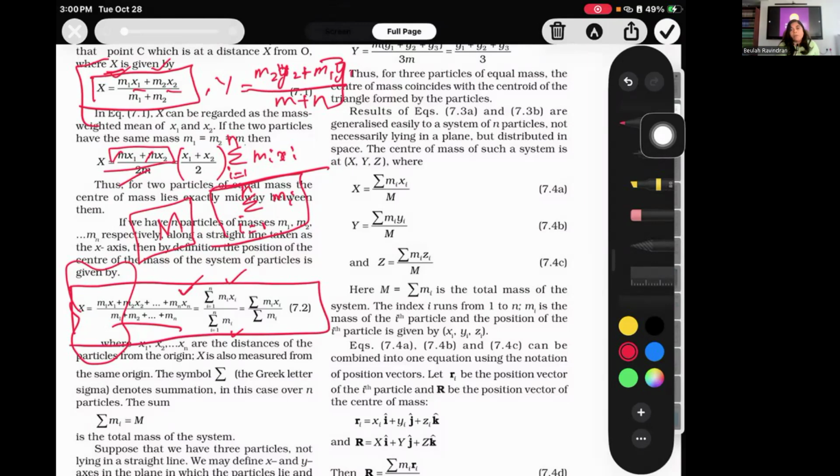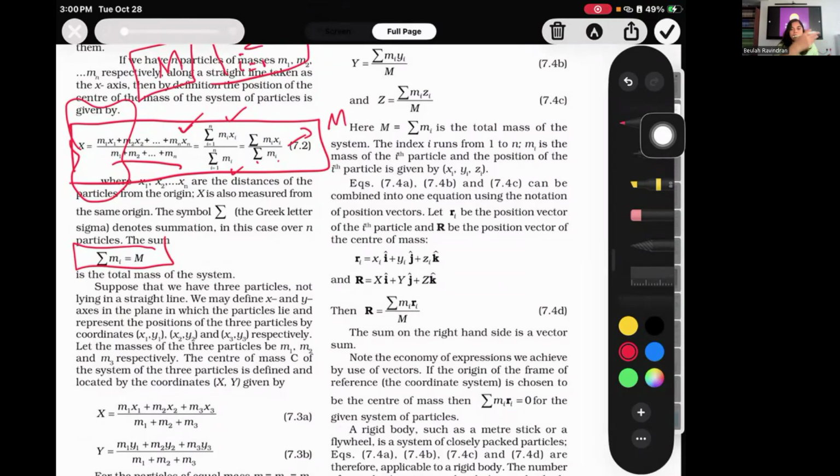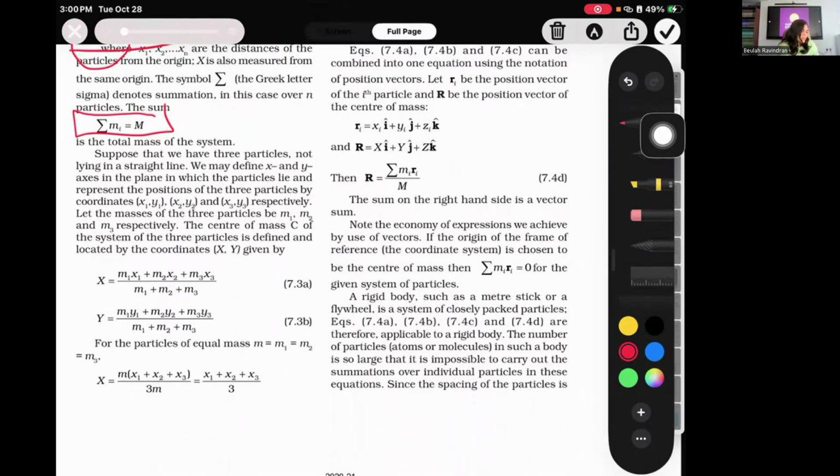So the total mass of all the matchsticks will be the summation over mi, which can be written as capital M. Take as an example a matchbox with all the matchsticks. The total matchbox mass is nothing but the sum of the individual masses of all the matchsticks. So you can consider a three-particle system also like this. As I've told you, x, y, z talks about the dimension, but the number of particles is entirely the total mass it includes.